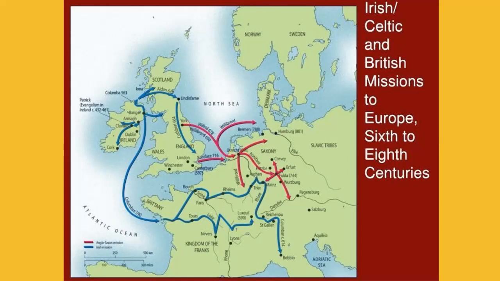I'll just give you an idea of some of them, and then we will talk about the voyages, particularly of Columba, or Columcille, as he's known in Ireland, across to what's now Scotland, but was then Pictland, and also the voyage, a more important voyage perhaps, of Saint Columbanus, who went across to Gaul or France, and converted the Franks, the Burgundians, and then went on to Lombardy in Italy, where he died.